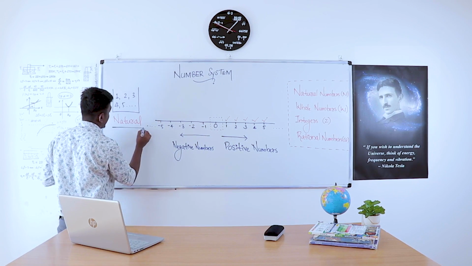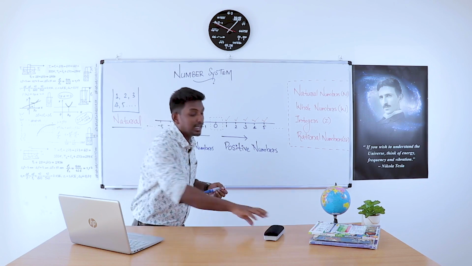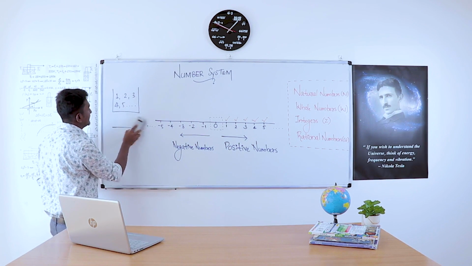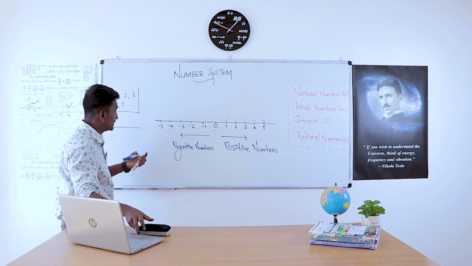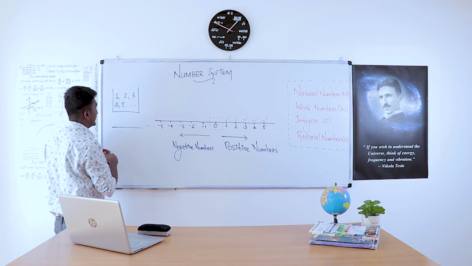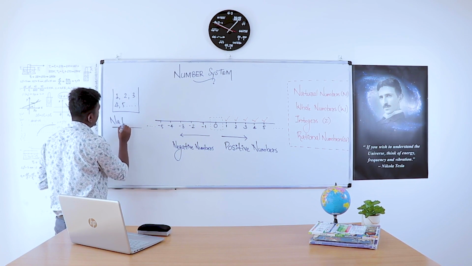Now how will we define natural numbers? Natural numbers can be defined as the numbers starting from 1 and going towards the right as positive. They are called natural numbers. Clear?